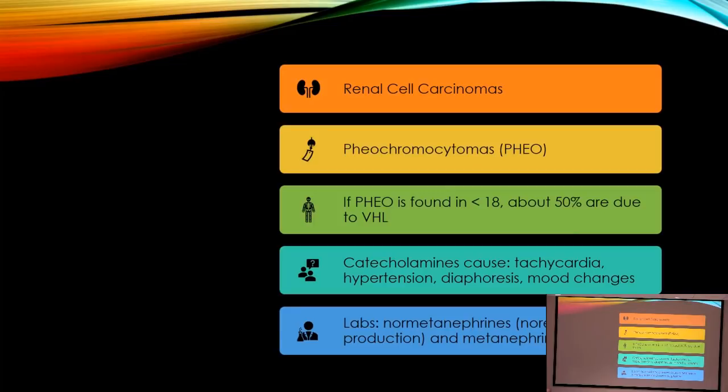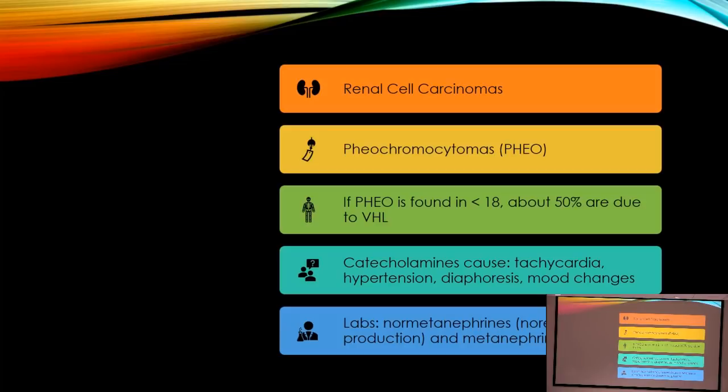Pheochromocytomas produce catecholamines, so just imagine all this norepinephrine, epinephrine production. The presentation would be tachycardia, hypertension, sweating, again from the autonomic activation, and mood changes, like anxiety, certainly if there are spikes in catecholamines.